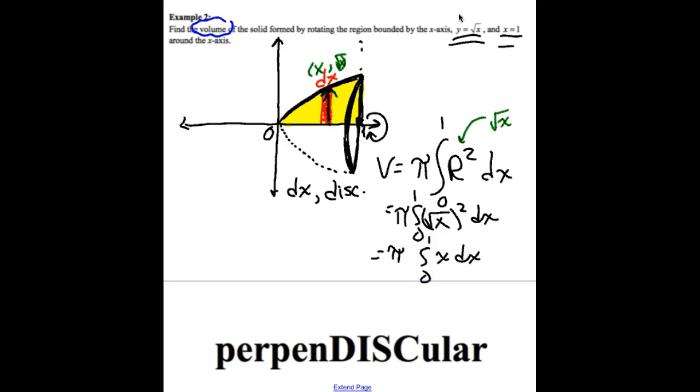That's why we're doing this section right after chapter 4, so all of this is fresh in your head. The antiderivative of x is just x squared over 2. So I've got pi times x squared over 2 going from 0 to 1. So basically what I end up getting when I dump the top in is pi times 1/2 minus pi times 0. So I'm going to end up with pi halves.